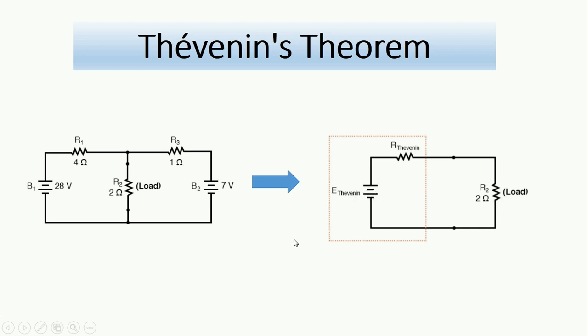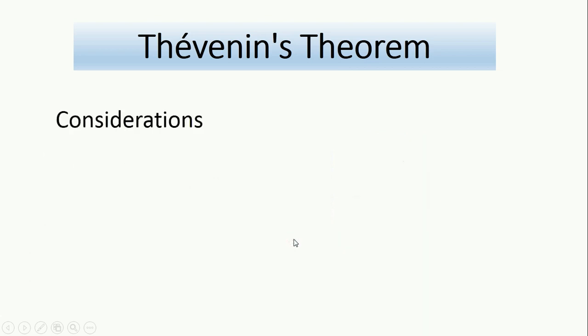We'll move forward and take an example about the Thevenin calculations and how we can find it out. But before, we have to talk about some considerations about Thevenin's theorem. This theorem applies only to linear circuits, and by linear circuits we mean circuits that operate in a linear way, so any change in the load will cause a linear effect in the circuit.